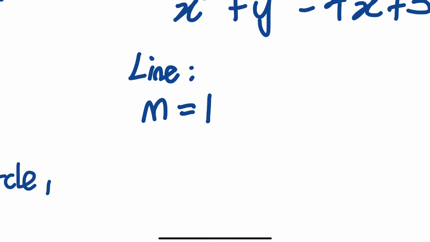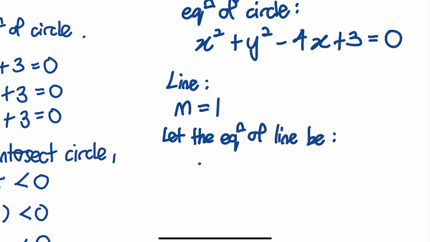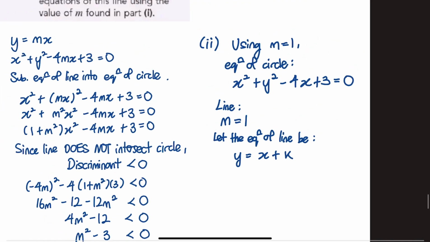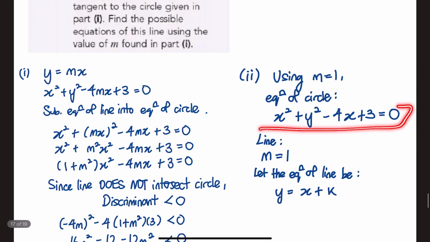So over here, I can simply let the equation of this line be y equals x plus, I don't know what the y-intercept is, so I call it k, whereby k is a constant. Since this line is a tangent to the circle, this is the equation of the circle, this is the equation of the line.